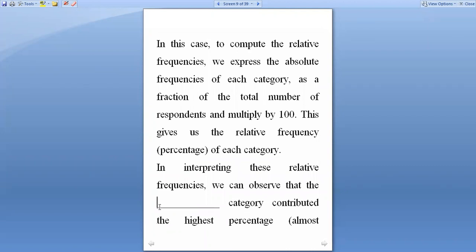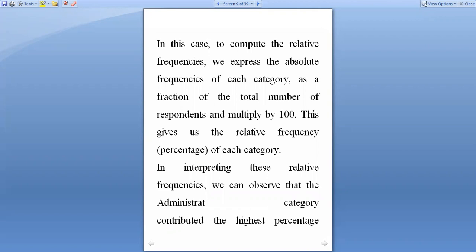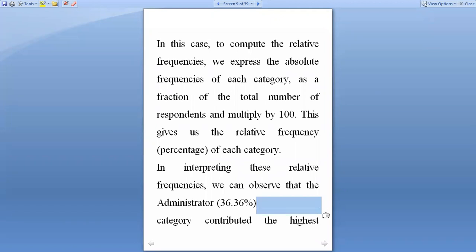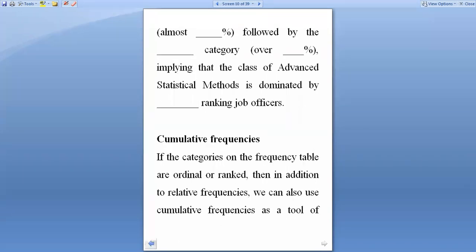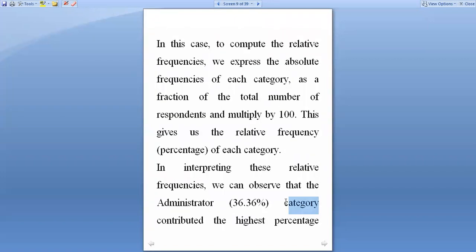The administrator category, whose percentage, you put it in brackets, is 36.36%, contributed... the administrator category with 36.36% contributed the highest percentage.